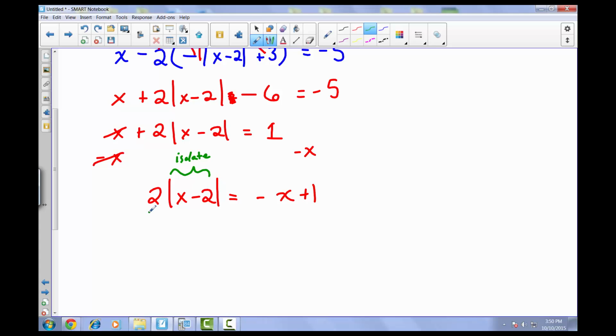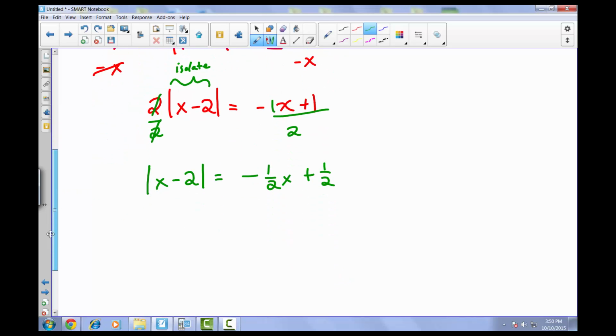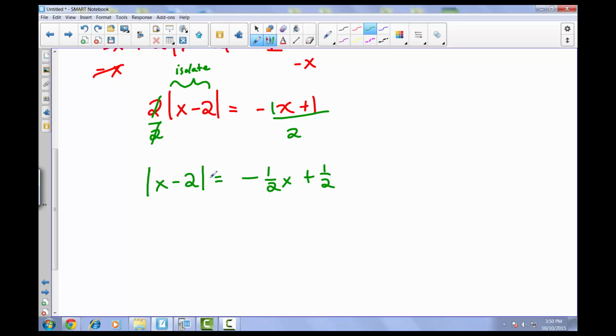We would next divide both sides by 2, in which case we end up with the absolute value of x minus 2 is equal to negative 1/2 x plus 1/2. Now that we have an absolute value equal to something, we can go ahead and do a split.